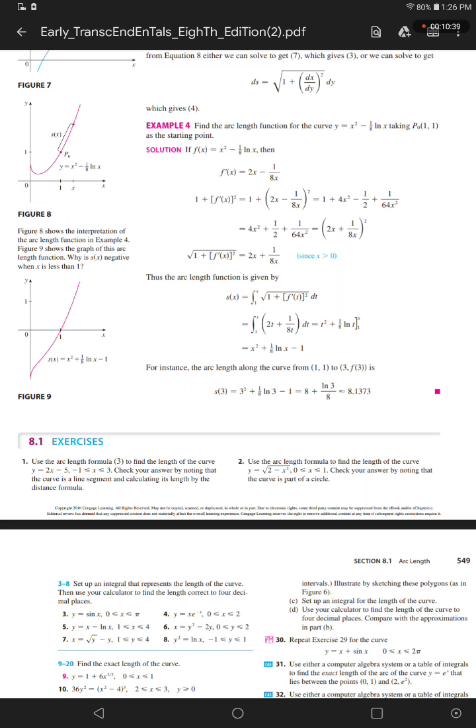Sidebar, figure 8. Figure 8 shows the interpretation of the arc length function in example 4. Figure 9 shows the graph of this arc length function. Why is s(x) negative when x is less than 1? In figure 8, we have s(x), the point P₀, and y = x² - (1/8) ln x.